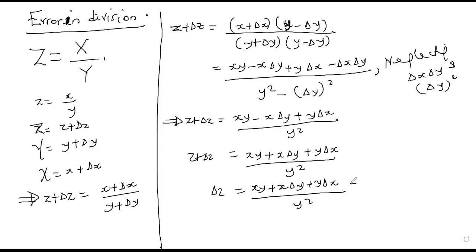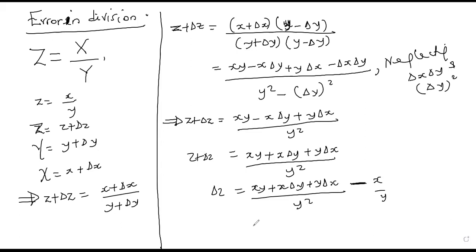minus z, which is the same as x over y. Okay, so we have subtracted a z this side, which is the same as x over y. So here you can take the LCM.